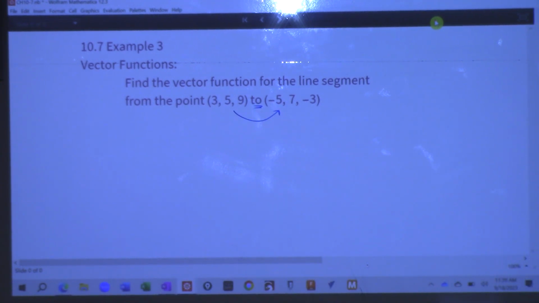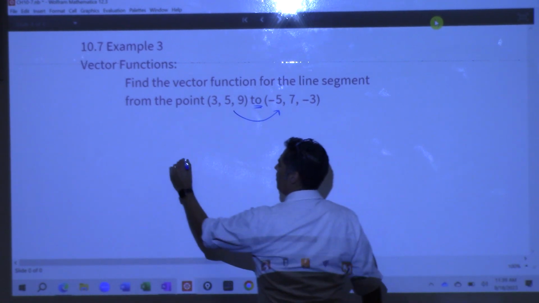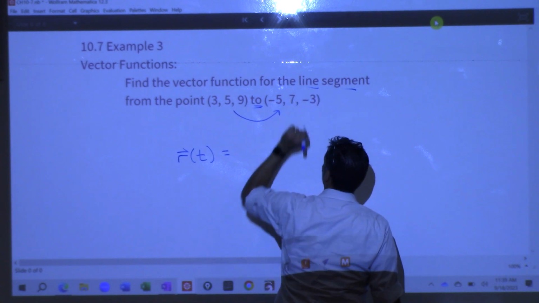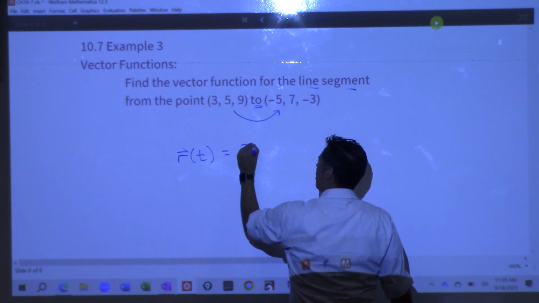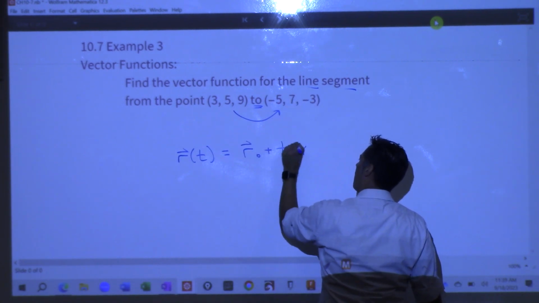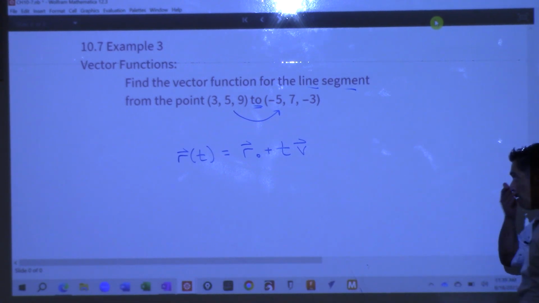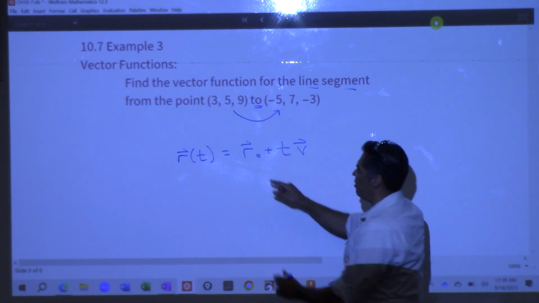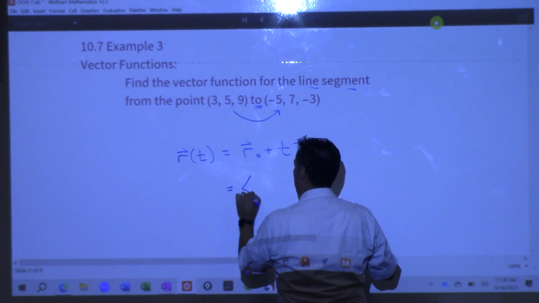You need the direction vector, right? So we're going to use this generic formula because it's a line. How do you know it's a line? Because I'm saying line segment, right? This was the generic formula. So R naught, what's R naught for us going to be?